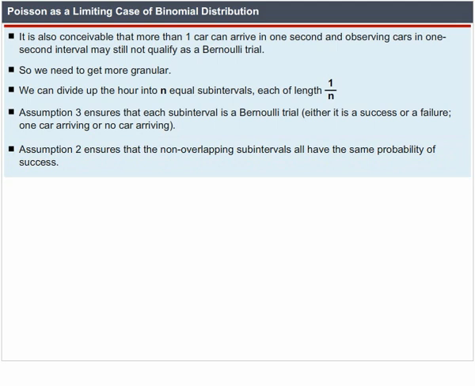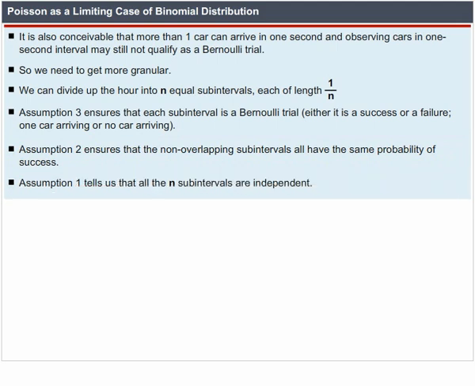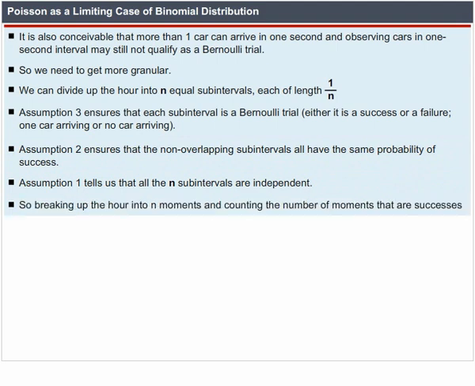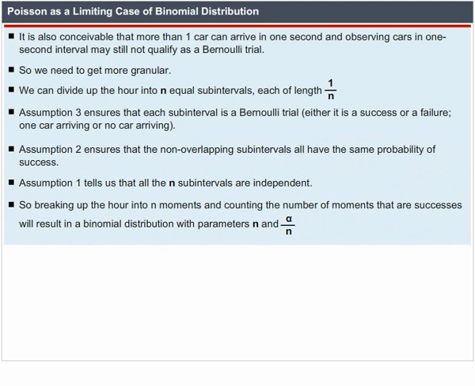Assumption 1 lets us say that all the n subintervals are independent. So, breaking up the hour into n moments and counting the number of moments that are successes will result in a binomial distribution with parameters n and alpha by n.